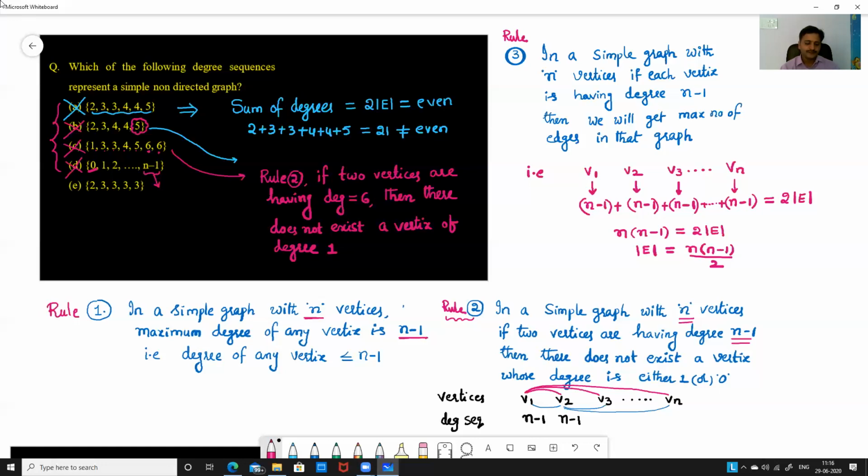There are 4 vertices of degree 3 and 1 vertex of degree 2. Okay, let me check. I'm taking a 5 vertices graph. With respect to this vertex, I want to draw a graph with degree 3.